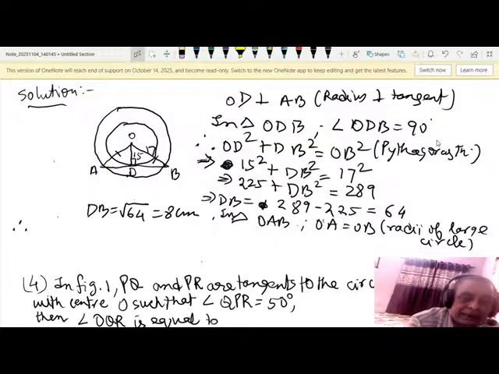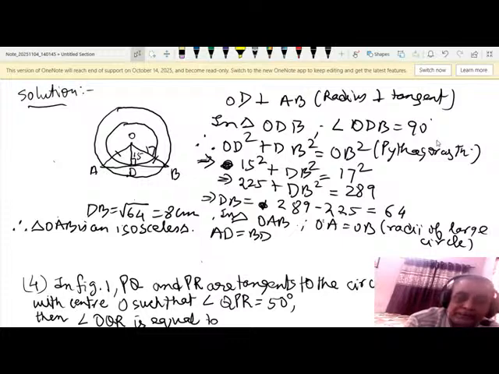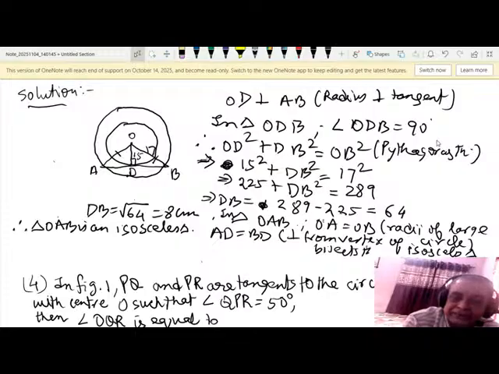So we have AD equal to BD. Reason: the perpendicular from the vertex of the isosceles triangle bisects the base.